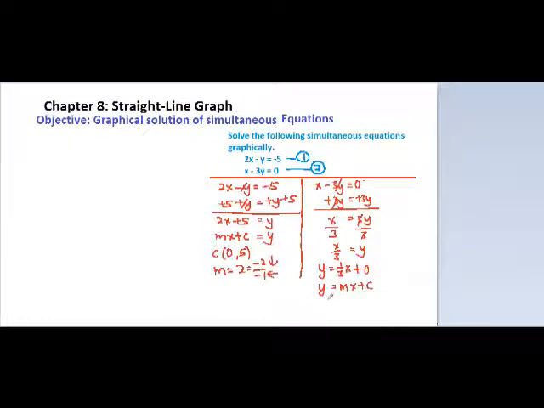So that I know the y-intercept of the second equation occurs at 0, 0. And the gradient is 1 over 3. And this is already in the rise over run form. So it means that we need to go up 1 and right 3 from 0, 0.